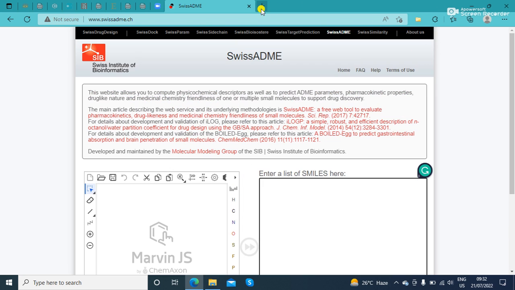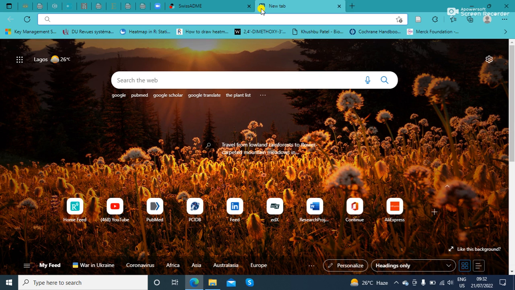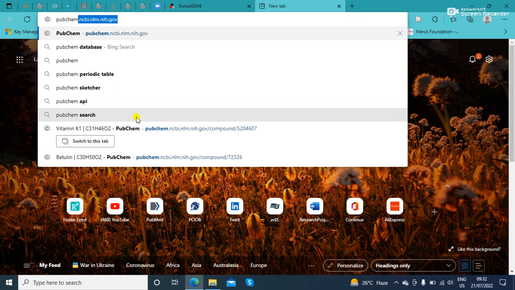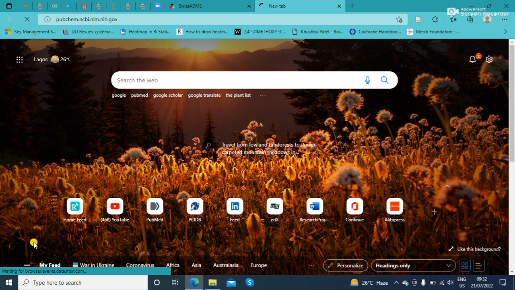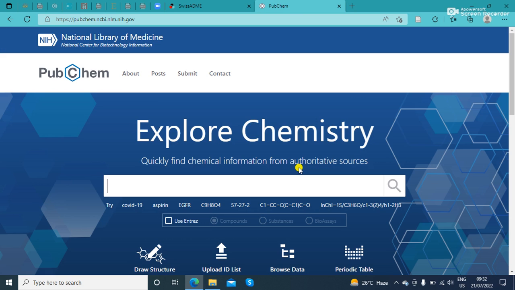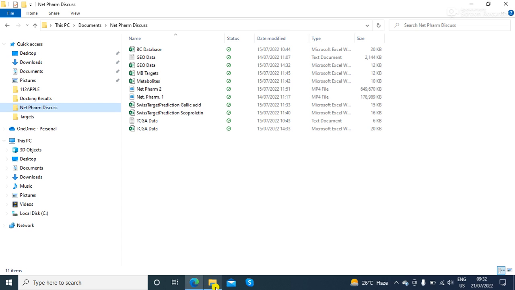So that means we will go back to our PubChem. We know what we do in the PubChem. We are looking for the different SMILES of our metabolites. So I will open my metabolites Excel file.